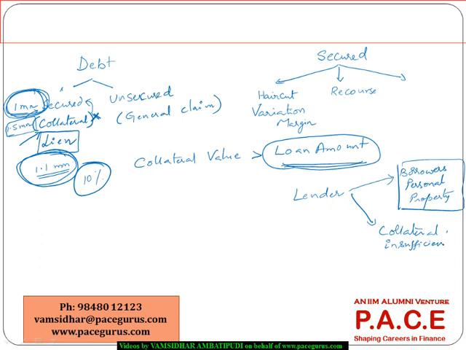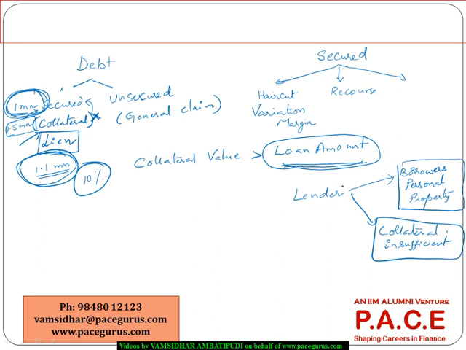When we are talking about a recourse loan, the lender can get access to the borrower's property or assets if the collateral is insufficient for the entire loan payment.